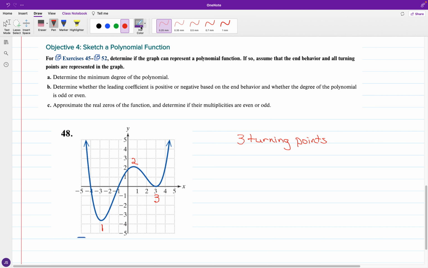And for the end behavior, you have up to the left, up to the right.